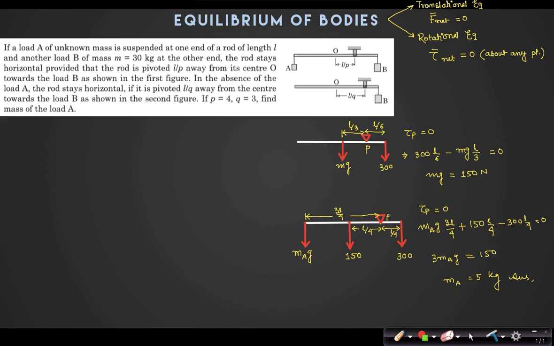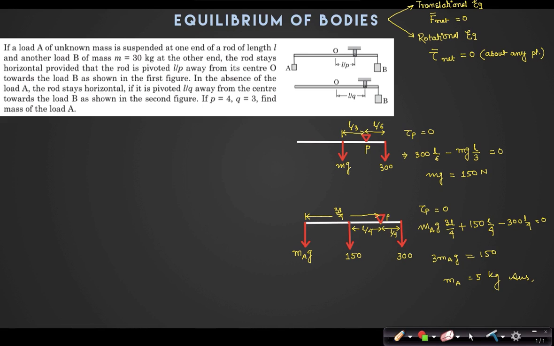And it's not moving, that's why we are saying that torque is 0. So no rotation. Torque is 0, that means no rotation. It is in equilibrium. That means we are inferring that torque is 0 because there is no rotation. The body is in equilibrium.